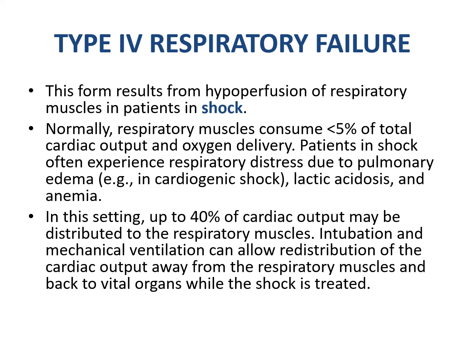In this setting, up to 40% of cardiac output may be distributed to the respiratory muscles. Intubation and mechanical ventilation can allow redistribution of the cardiac output away from the respiratory muscles and back to vital organs while the shock is treated.